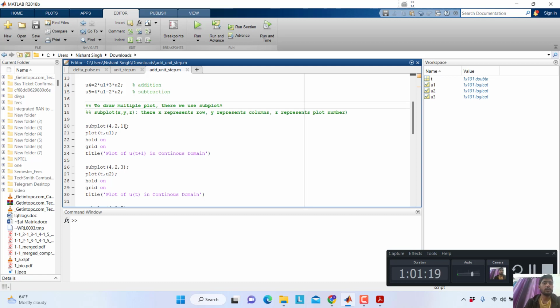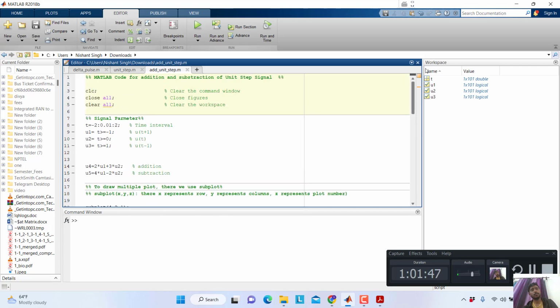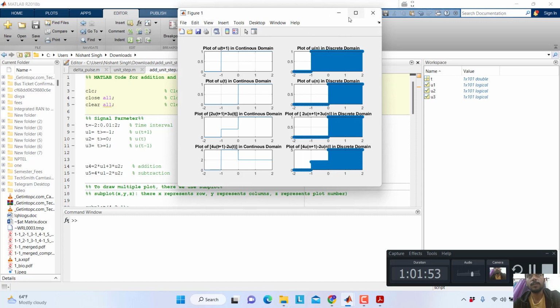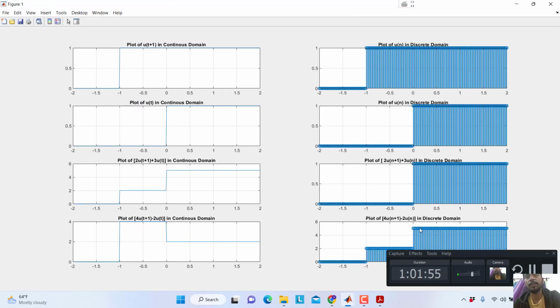So we have 4 rows and 2 columns, and this is the first plot, and this is the third plot. The left side represents the discrete domain and the right side is the continuous domain.